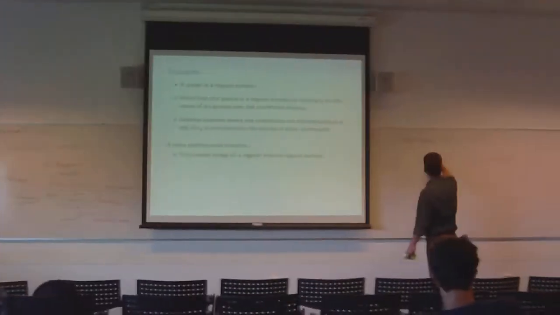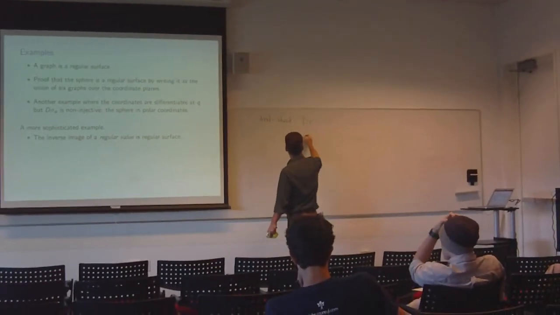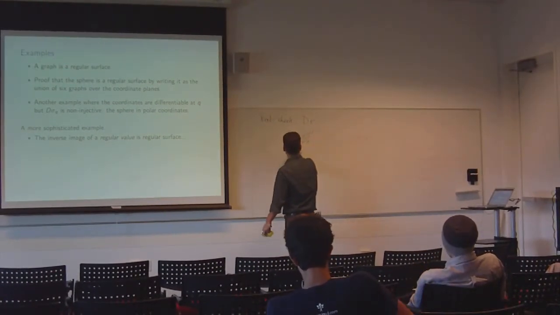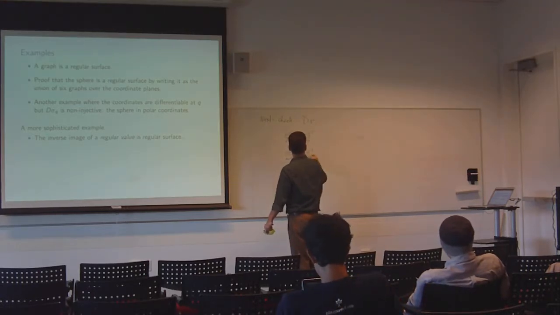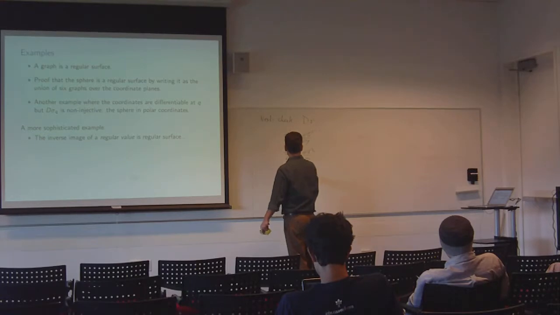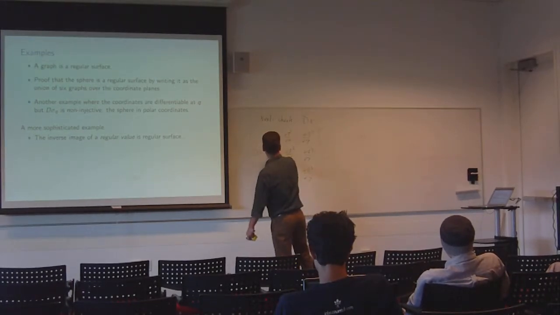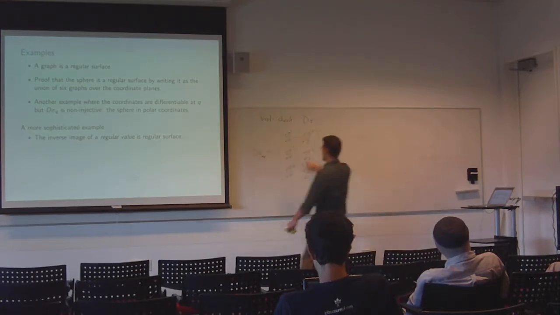So you want to do d sigma 1 by dx, d sigma 1 by dy, d sigma 2 by dx, d sigma 2 by dy, and d sigma 3 by dx, d sigma 3 by dy. This is your matrix. D sigma at some point x comma y is equal to this.